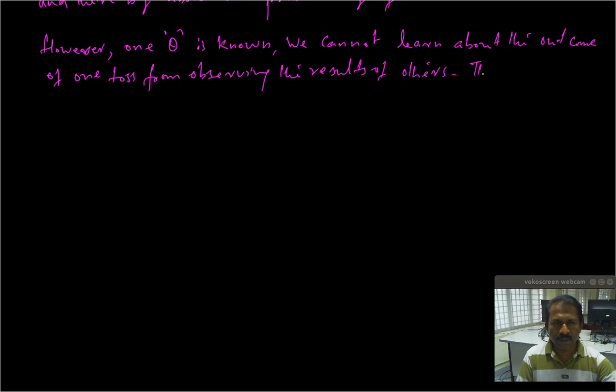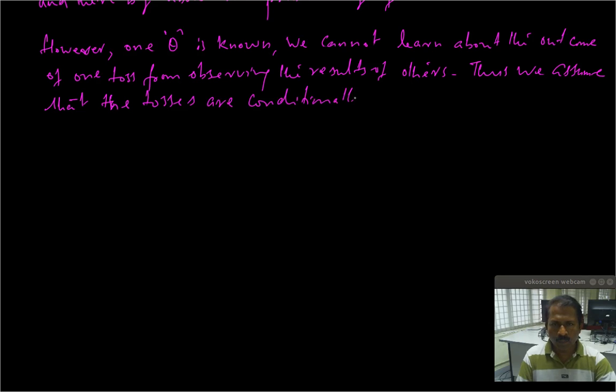So thus we assume that the tosses are conditionally independent given theta. So these are the assumptions on the Bayesian approach, and we have contrasted it with the MLE approach, right?